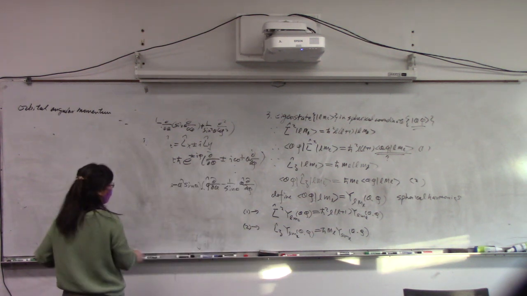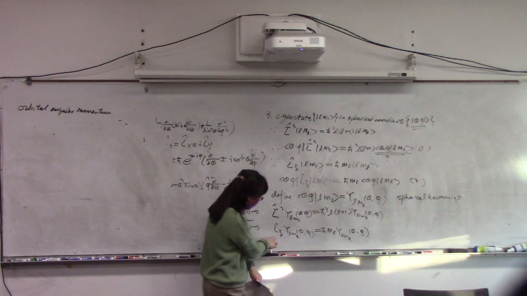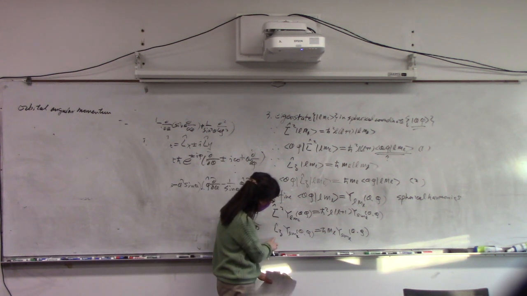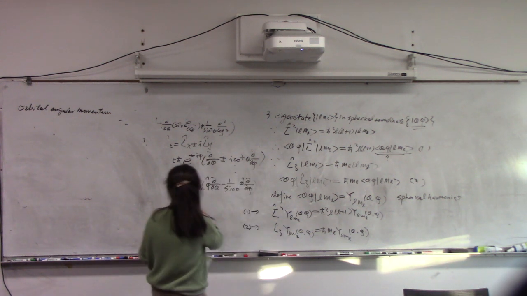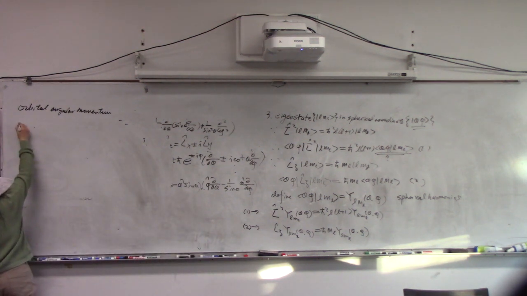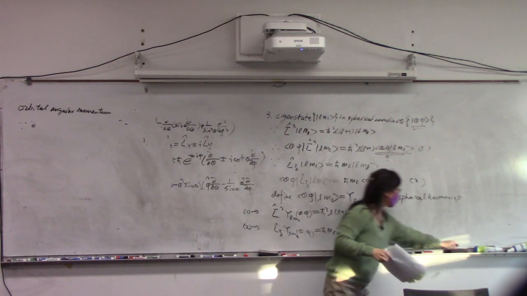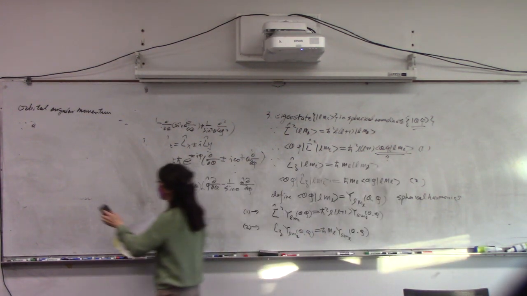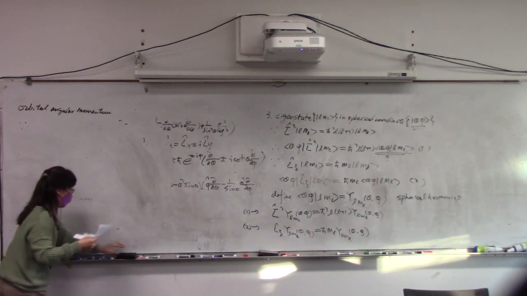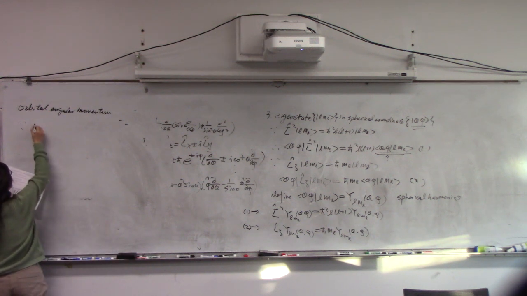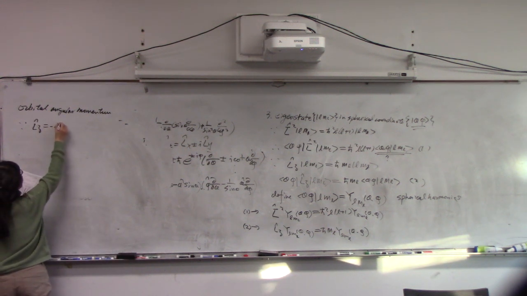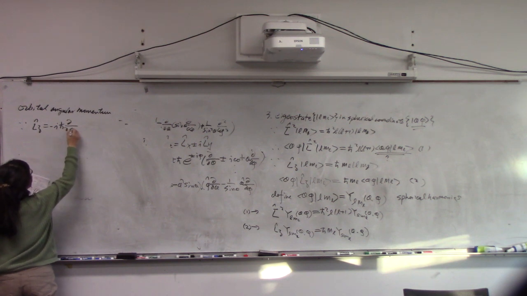First, let's look at this one because it is a little simpler. Let's look at the Lz operator in spherical coordinates. Lz is minus i h bar partial phi, right?